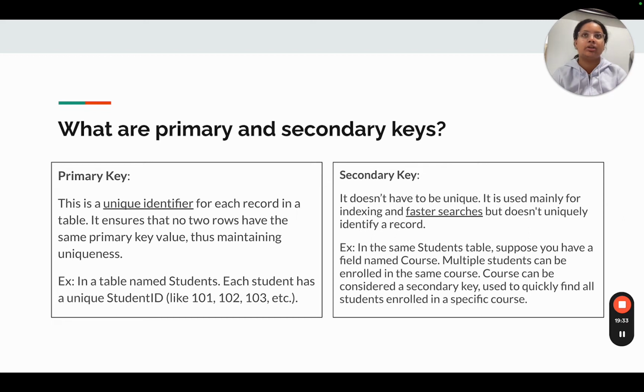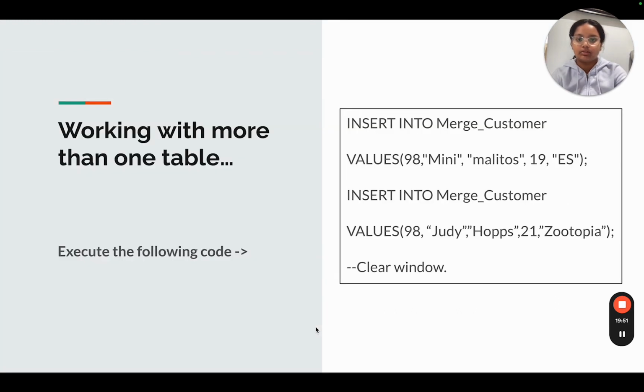So let's say I have a table of all the people enrolled in Rutgers, but I want to find all the people enrolled in CS 170. I would use the secondary key, which would be filtering through the courses. Okay, so I'm hoping that makes a little more sense on primary keys and secondary keys. But we're going to move on.